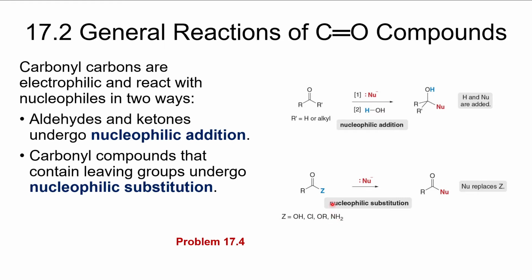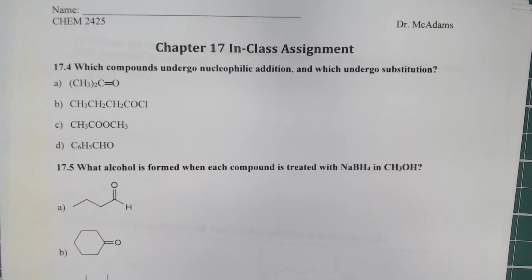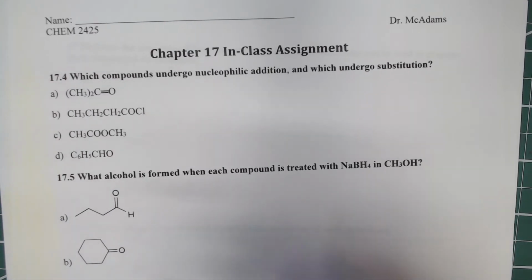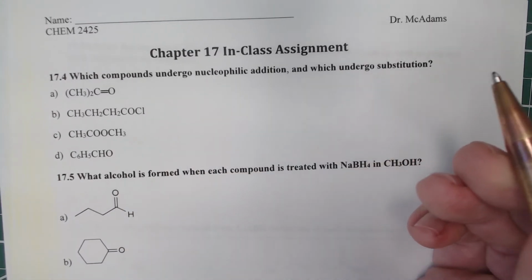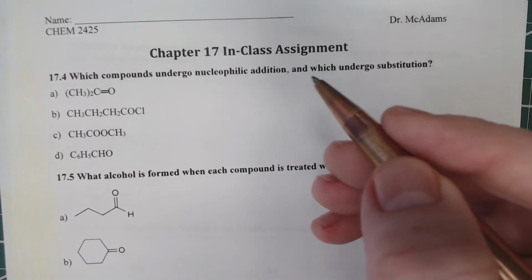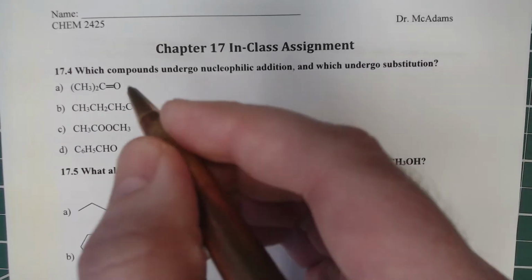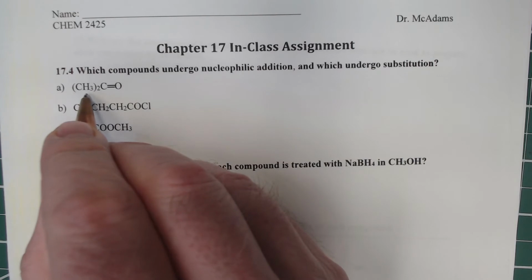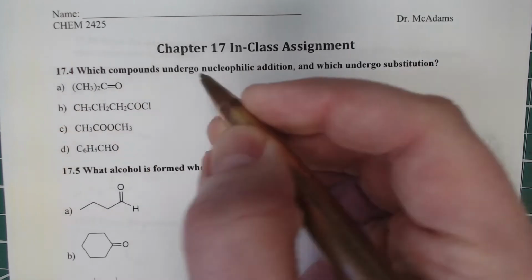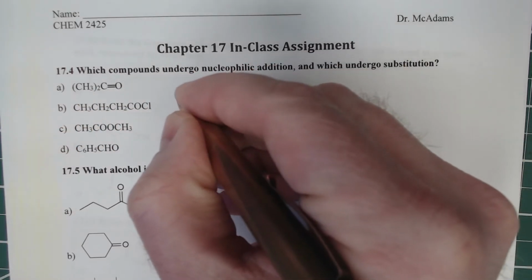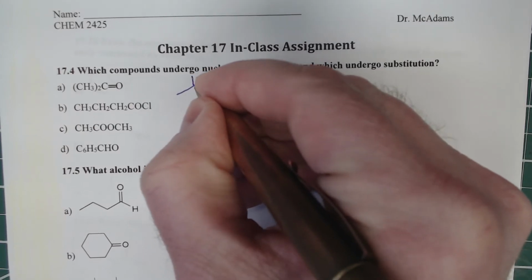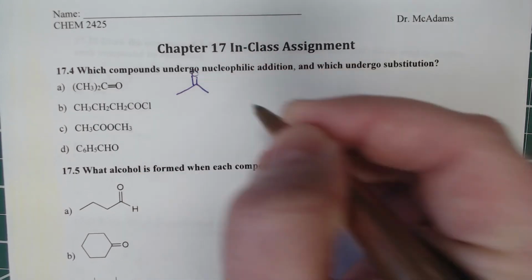So we want to look at number 4 on the in-class assignment and determine whether these are going to undergo nucleophilic addition or nucleophilic substitution. Well, on this first one, we've got CH3 twice and a carbonyl. That means we have 2 methyls attached to that carbonyl.